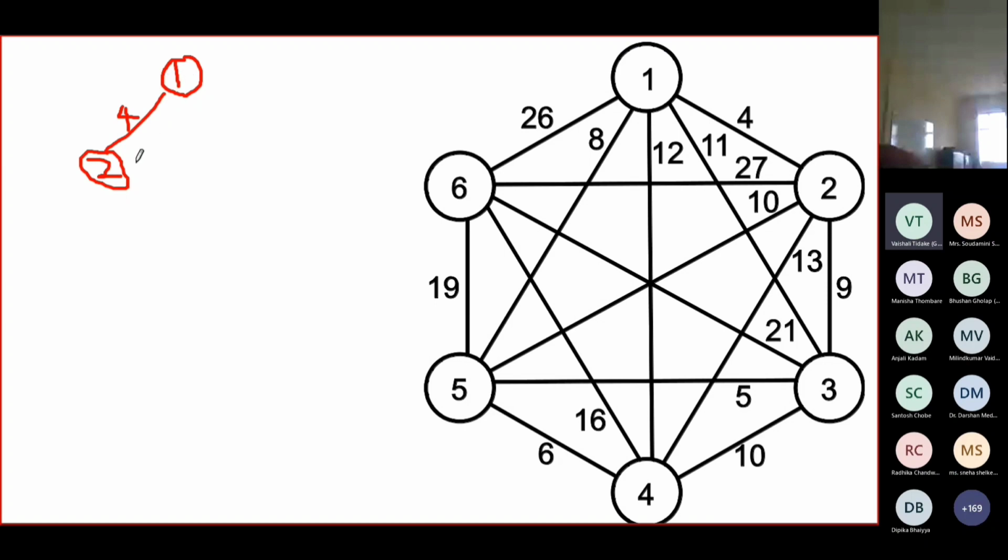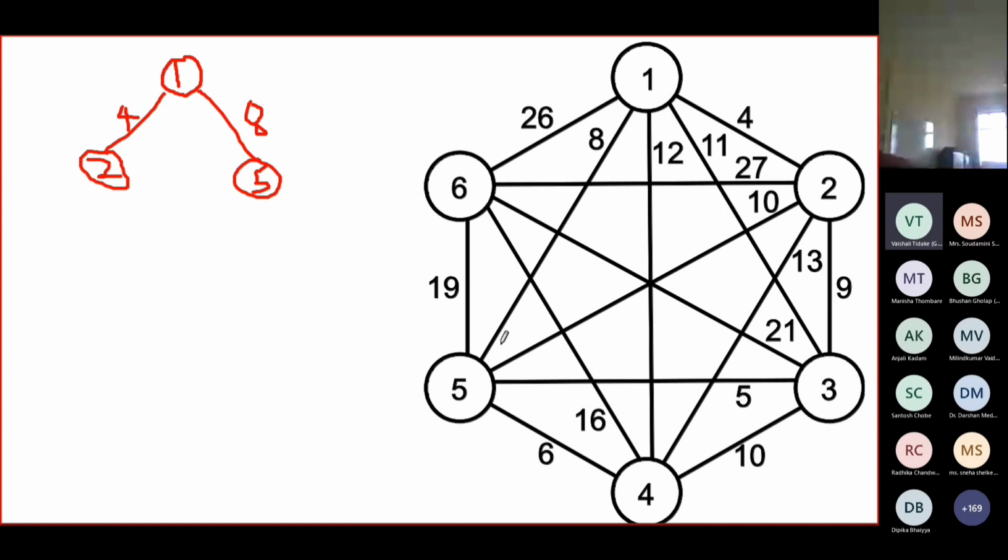Then if you observe all the nodes connected to 1 and 2, the next smallest is this node 5, having the distance 8. You have to observe only the nodes connected to 1 and 2, as it is a minimum spanning tree. So this is node 5 with the distance 8. I will add it here. Then next, 1, 2 and 5 are visited.